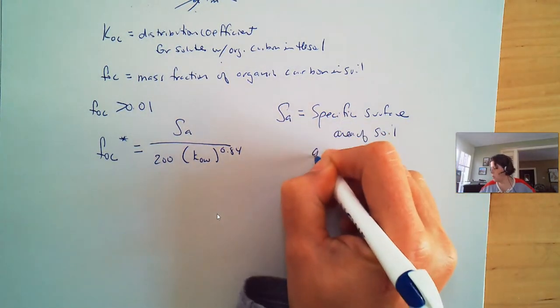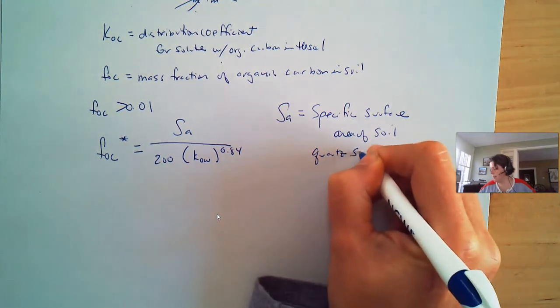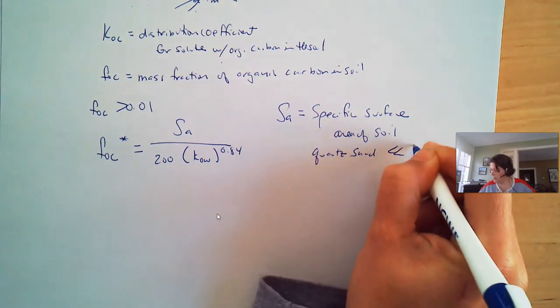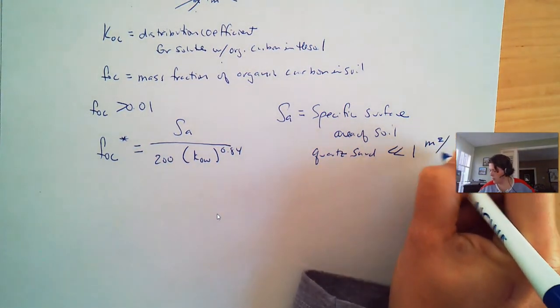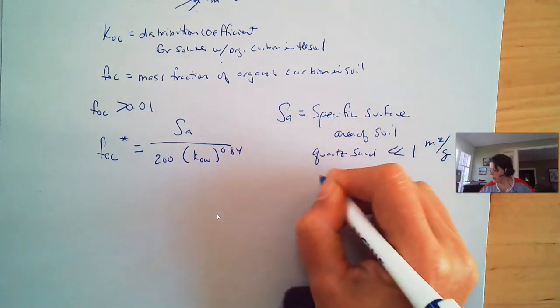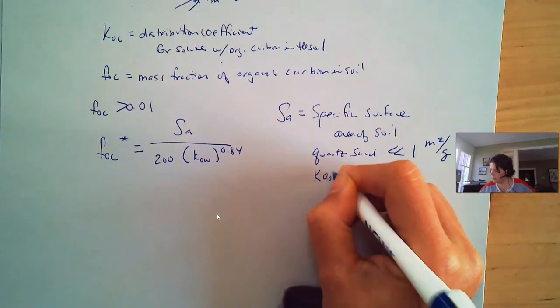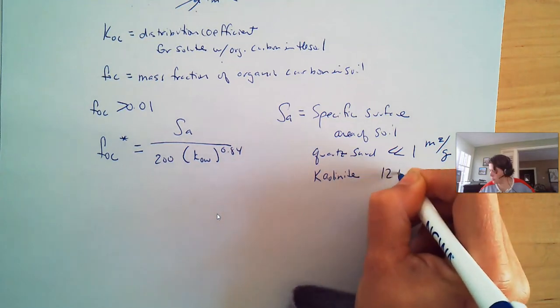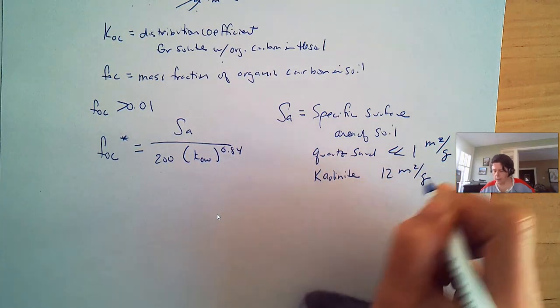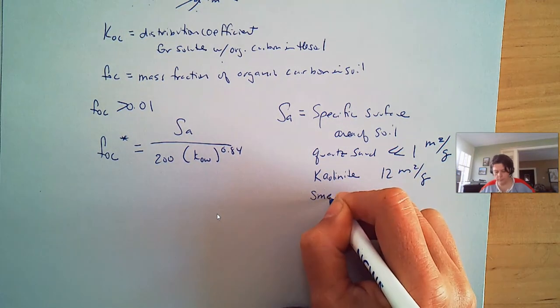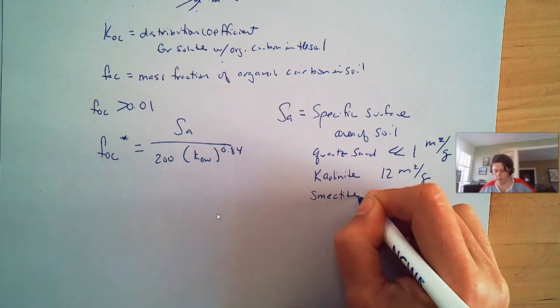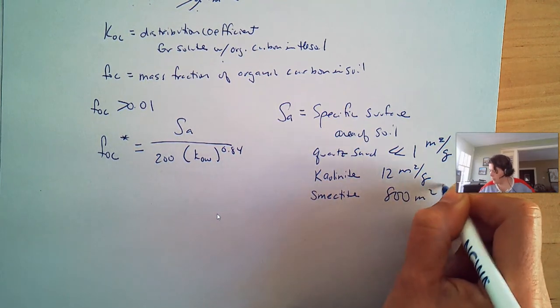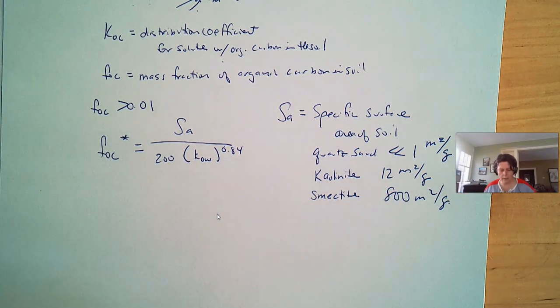So something like a quartz sand will have less than 1 meter squared per gram. A kaolinite will have around 12 meters squared per gram. A smectite, and all of our different clays, will have around 800.